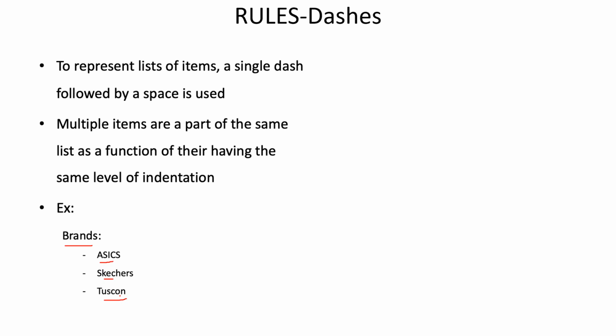You can mention them as part of lines, but they should be separated by hyphen, that is dash, followed by space, followed by the value, dash, followed by space, followed by the value. That is to represent the items of my choice. A single dash followed by space is used.